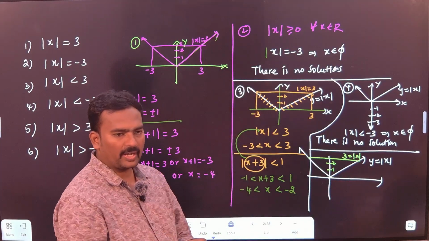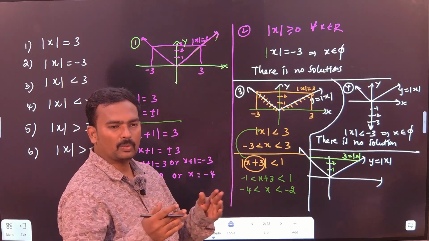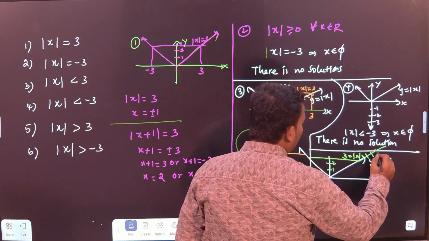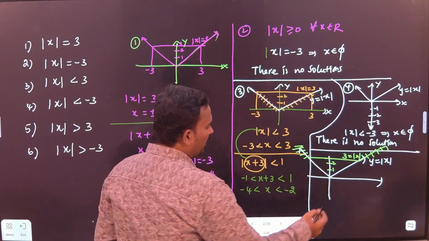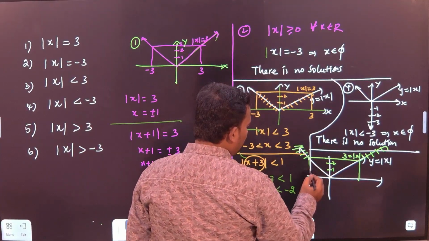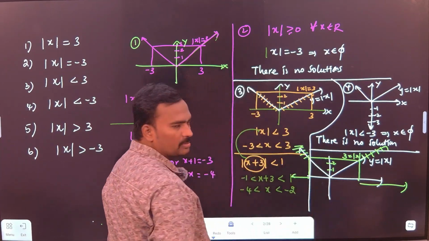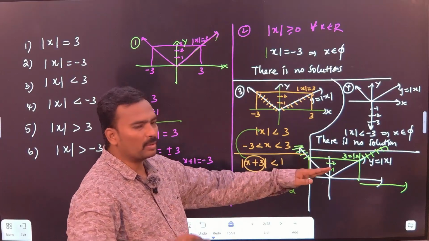You have to take the y axis, right? Positive y axis. It's more than 3. Whatever the 3 position is there, you have to take more than that. That means x value will be more than 3 and less than minus 3 only possible, because y would be more than 3.